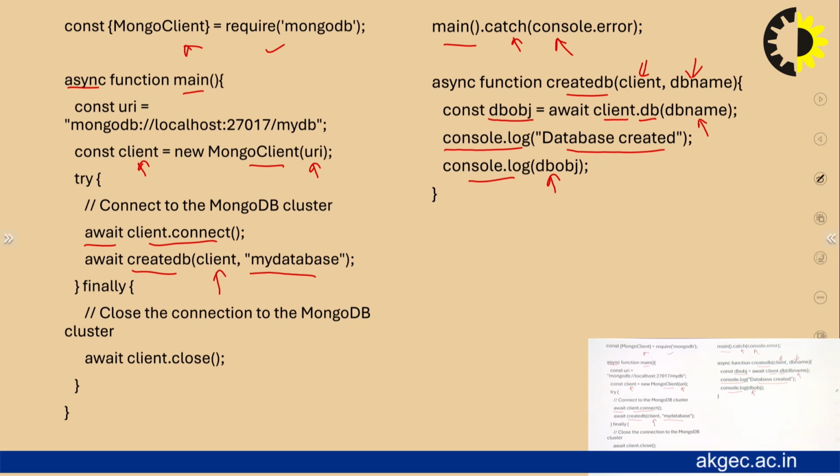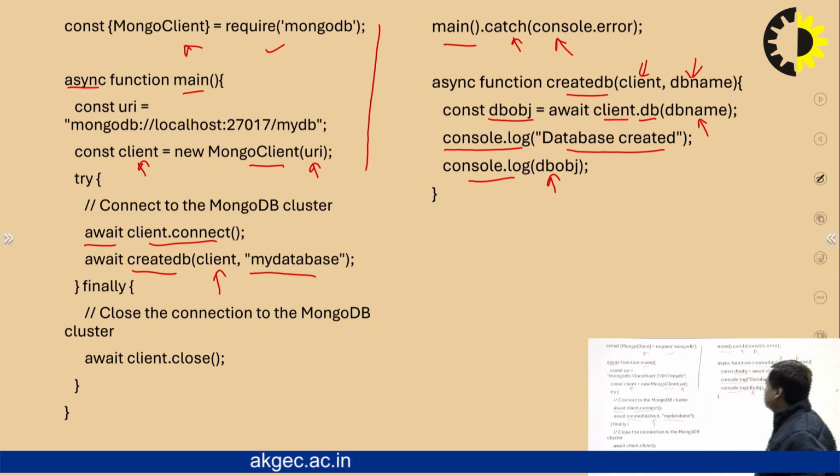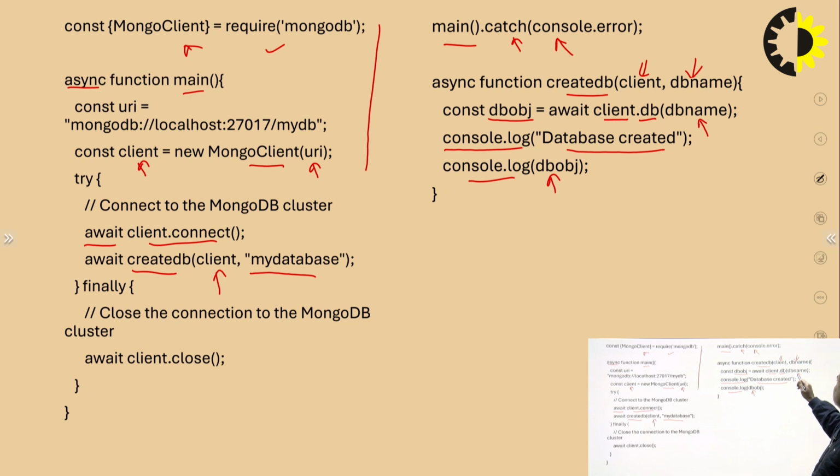So it is a very very simple program to create a database in MongoDB. You can see these are the statements to import the MongoDB module and connect with the database. Then we are calling client.db and we are giving the name of the database, and the database will be created in MongoDB.